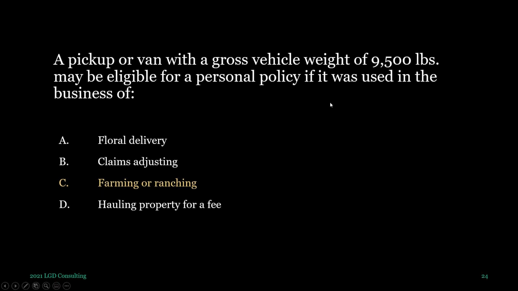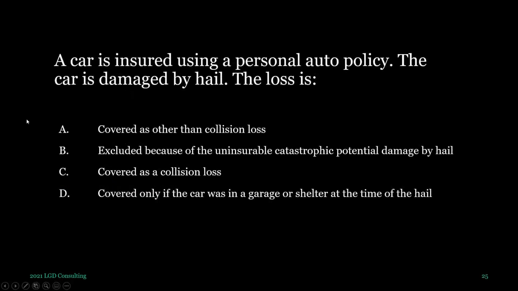So you may get a question that says a vehicle weighing 5 tons may be covered under a personal auto policy. Kind of a true or false thing, and that would be false because it has to be less than 5 tons. So it has to be less than 10,000 pounds. Okay, so be wary of things like that. Like I said, the test writers are pretty creative.